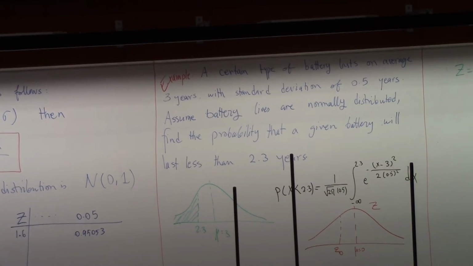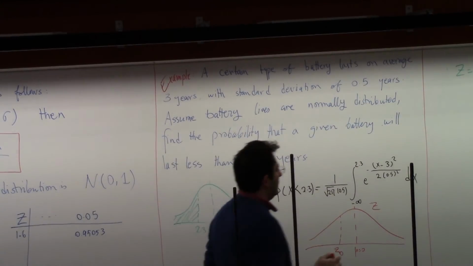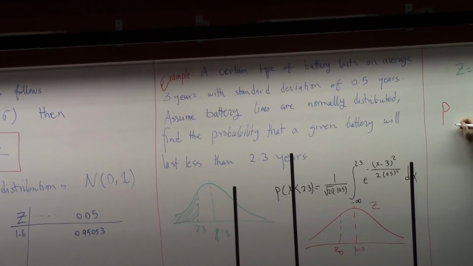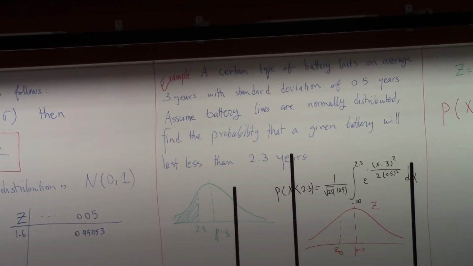So the probability, now the question that I asked, is the probability of x less than 2.3 equal to the probability of z less than minus 1.4? And the answer is yes, it is. So they are the same.